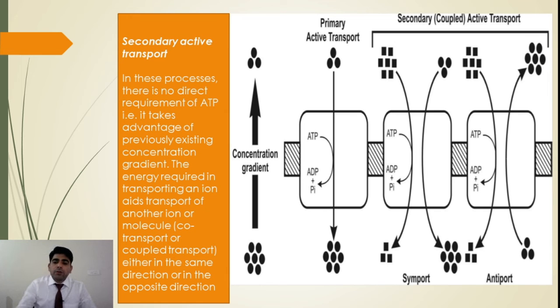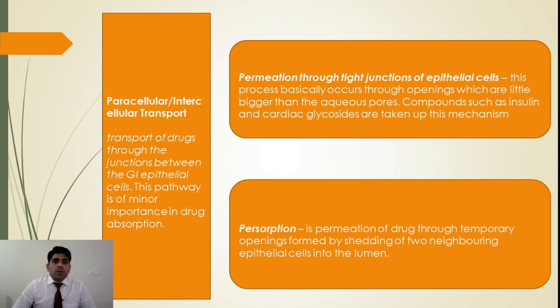So now we are coming to paracellular transport. Paracellular transport is of very little use when we talk about the transportation of drugs, but it is also involved for some molecules like insulin and some nutrients.